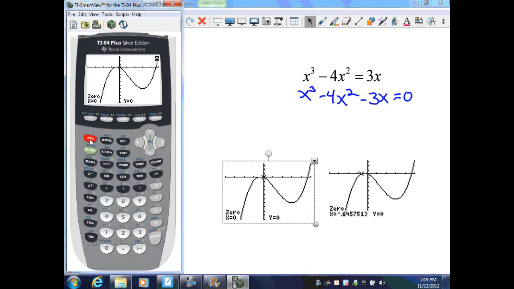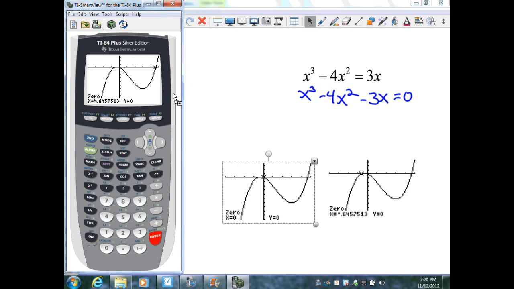And finally, my last x-intercept or solution. I have a negative y value. I scroll again. It's a positive y value. Therefore, I know there's a 0 in between. So I go to the left bound of that, which is negative y value. Scroll to the right, where it's going to become positive y value. Press enter. Then it's going to ask for a guess.